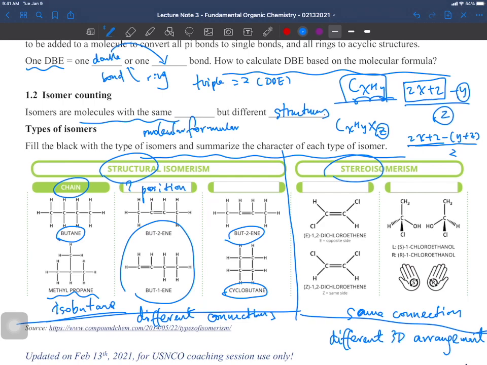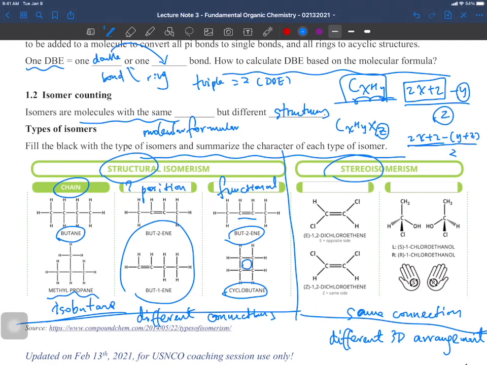And then the last one here, but-2-yne and cyclobutene. So the first one has a triple bond, another one has a ring. So they have the same DBE, the same number of carbons, and the same number of hydrogens. They are isomers. This one is a little bit abstract. We can call it functional, or function, isomers, because basically they have different functional groups.